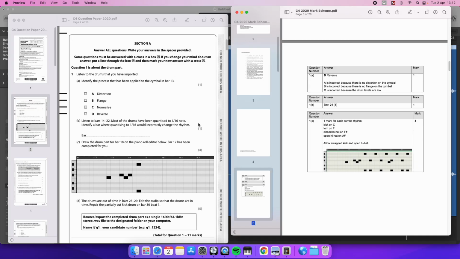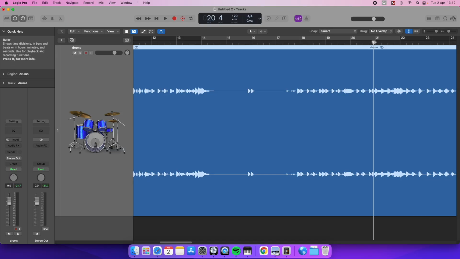So basically, bar 21, I feel like, has values that are greater than 16th notes. There's our 16th notes, right? So 1, 2, 3, 4, 1, 2, 3, 4, 5, 6, 7, 8, and then twice that.